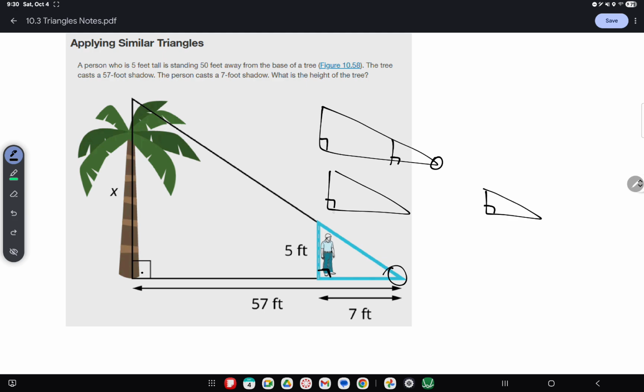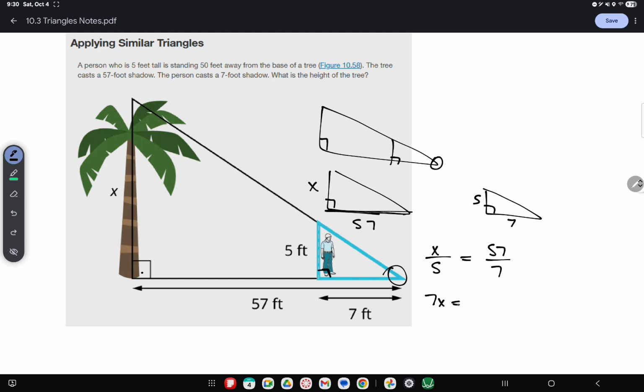With the big triangle, I know that this big length is 57. And I'm trying to find the height of the tree. And in the little triangle, I know that the 7 is for the shadow and the person is 5 feet tall. So I can set up a proportion. So I can say x is to 5 as 57 is to 7. And then I can cross multiply.